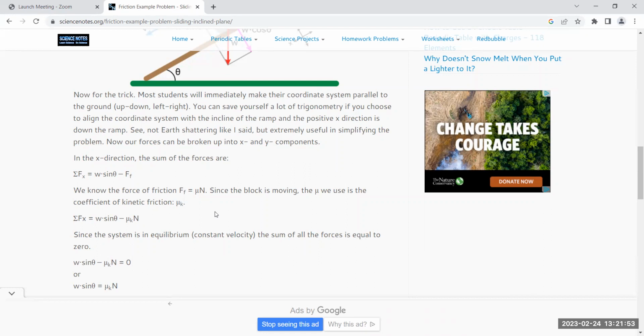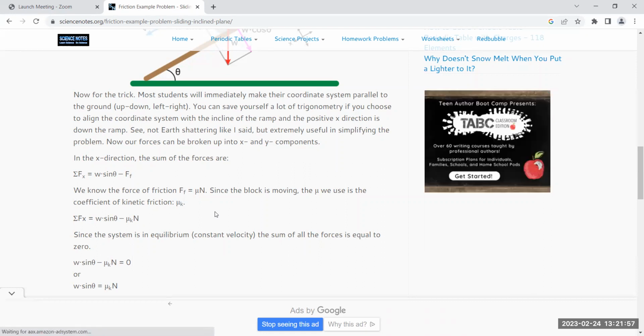Since this problem is about the box moving, we know that we're looking for the kinetic coefficient of friction, and we label that mu sub k. So knowing that, we have our expression for all the forces in the x direction.